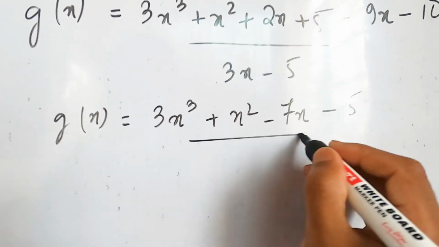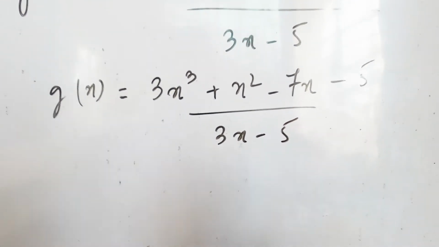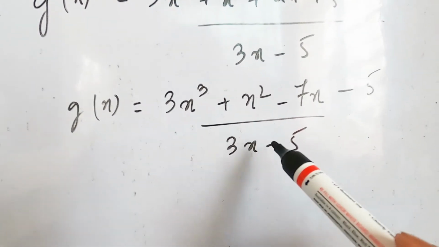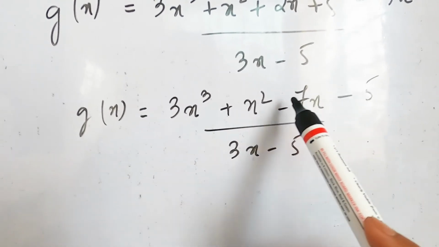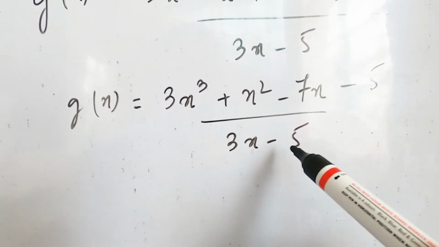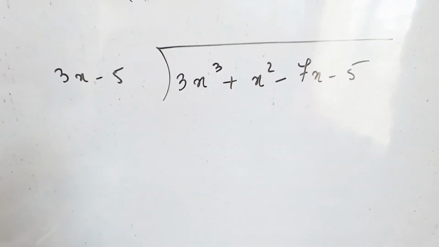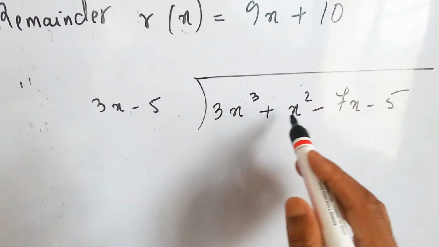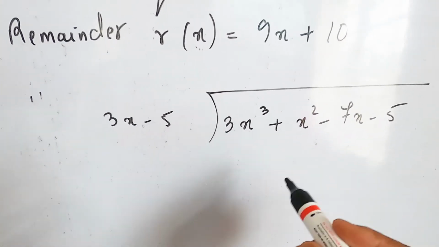So it will be divided by 3x minus 5. Now next, to find gx, we will divide the numerator by the denominator. So let us divide this one, so that we'll be able to find gx.